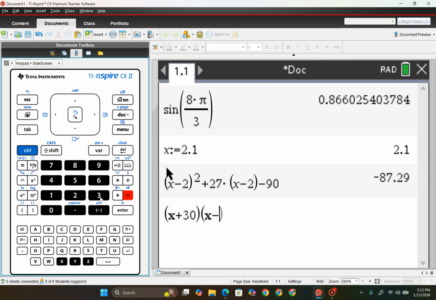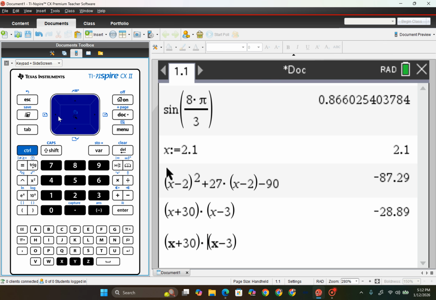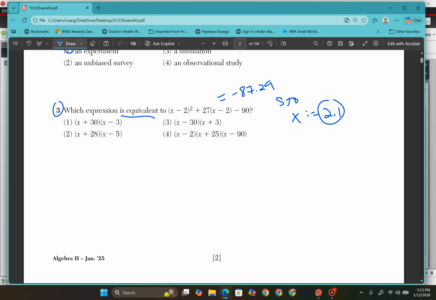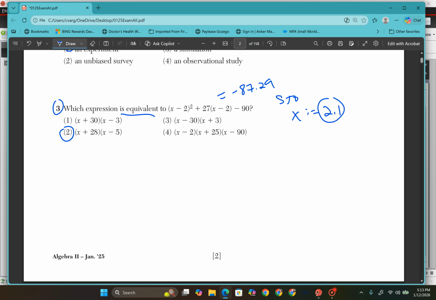But I just want to show this in a way that everybody will get this right, or you can check it. So the first one is not it. Let's try the second one. So instead of me typing this whole thing again, I can just go up and hit enter here. And instead of x plus 30, it is, ooh, what is going on? It is 28. And then x minus 5. And boom, I'm done. So answer choice 2 is the one that matches, okay?